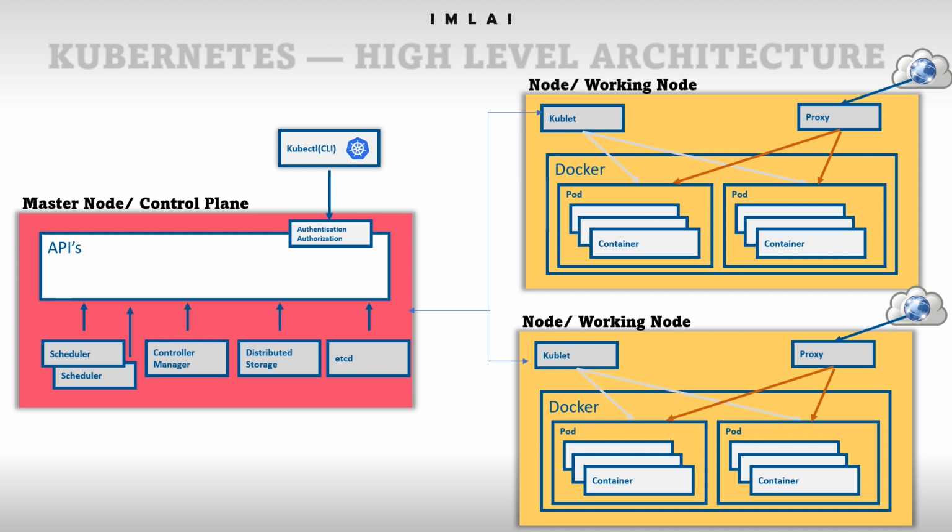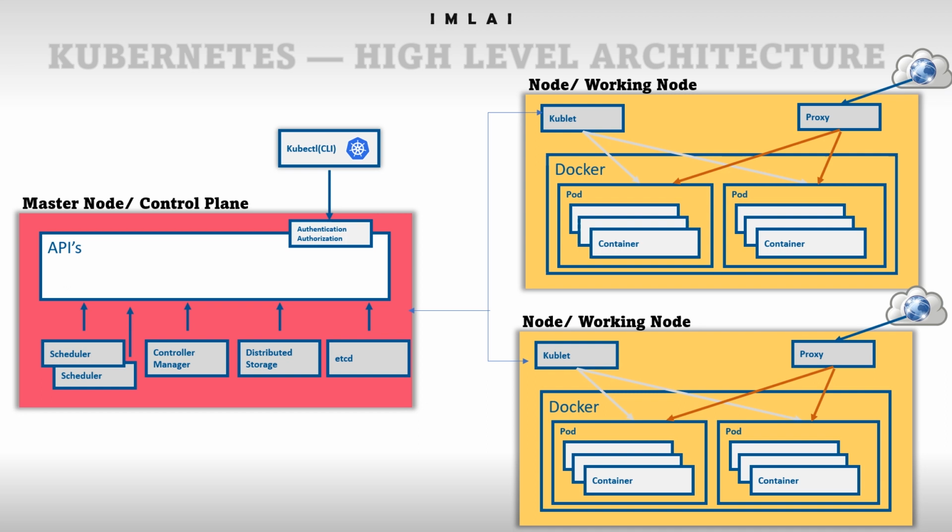Then the second component that we have in the control plane is the scheduler. The scheduler selects nodes to run containers. It is a control plane component that watches for newly created pods with no assigned nodes and selects a node for them to run on.